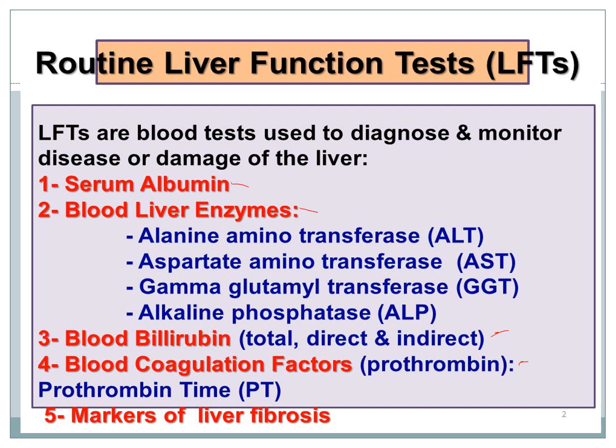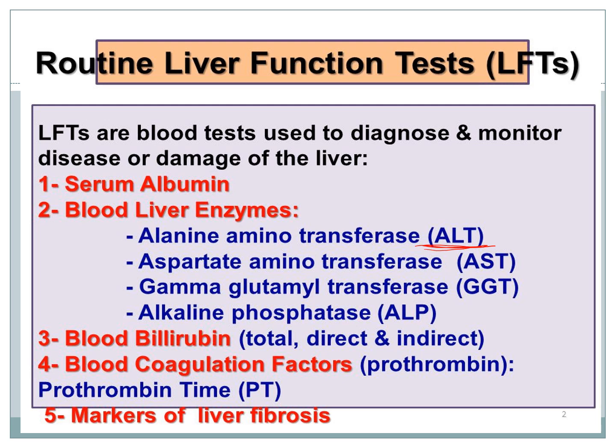So starting with the blood liver enzymes, we have ALT, your alanine aminotransferase. Now this one is your most specific enzyme when dealing with liver injuries. Okay, however, it can also be elevated if you have heart, pancreas, kidney, or even muscle injuries. Okay, so you need to take it into account with the rest.